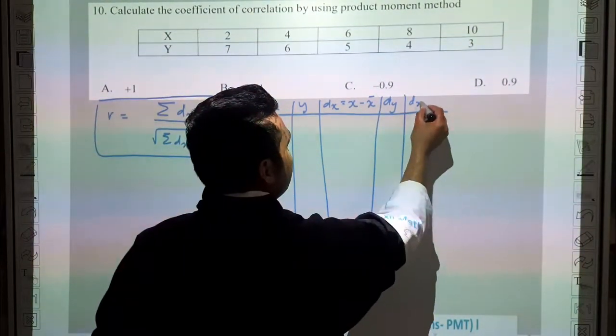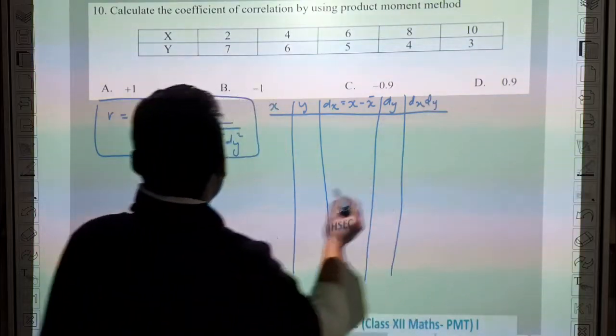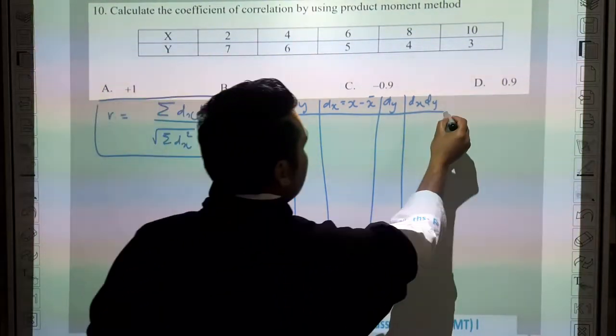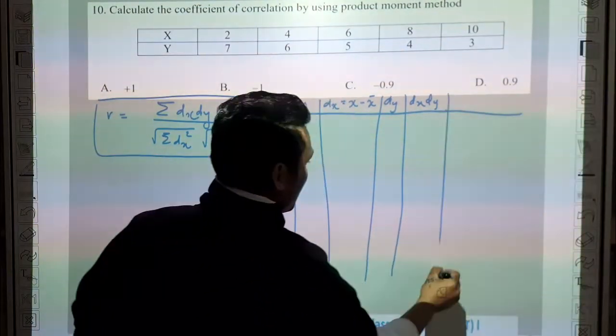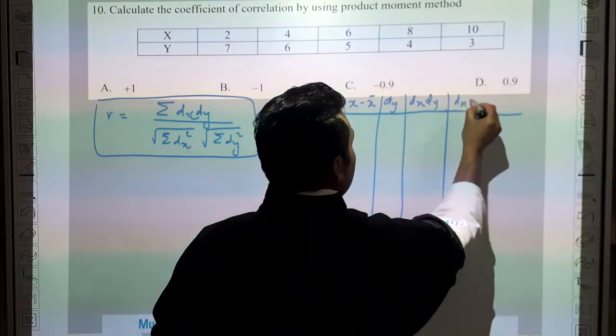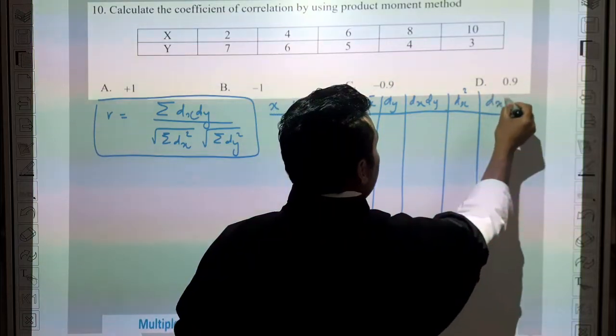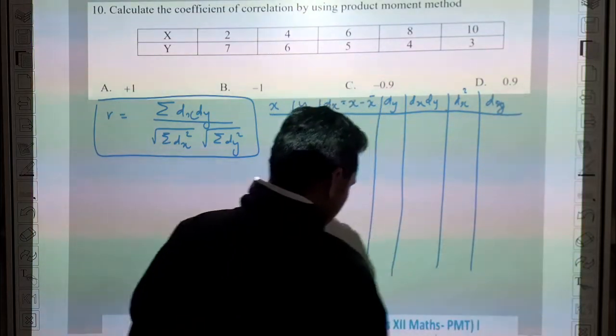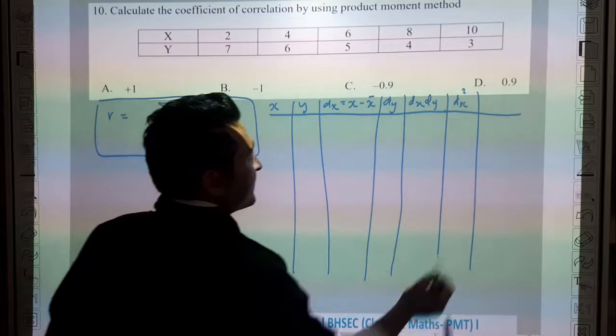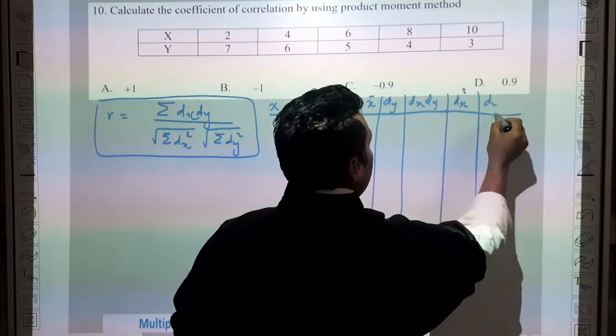Now just multiply dx dy, because we have dx dy here, and we also need, as per the relation, to find square of this dx and square of dy.